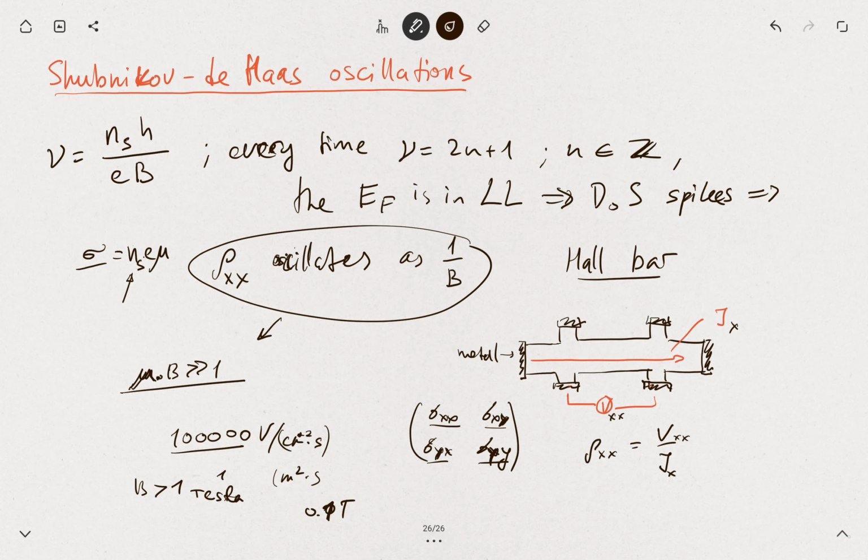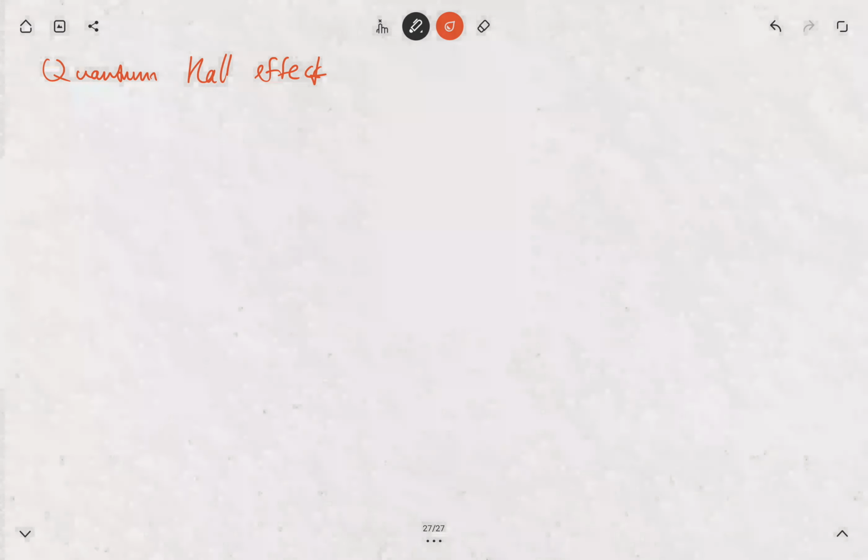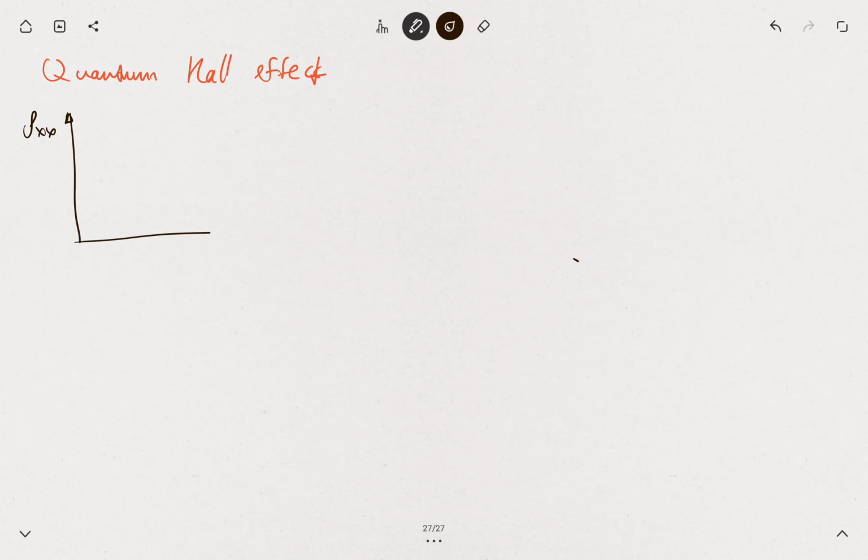Then something drastically different changes when you observe the quantum Hall effect. So in the quantum Hall effect, if we plot now, this will be rho xx, and this is the magnetic field.